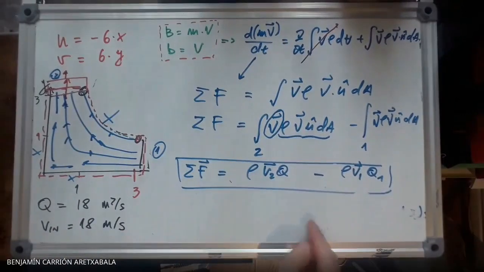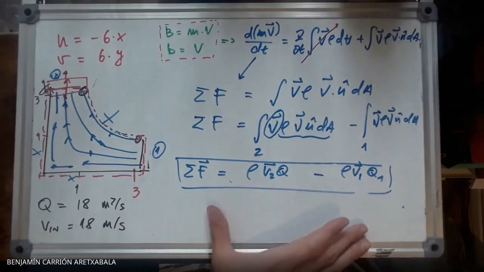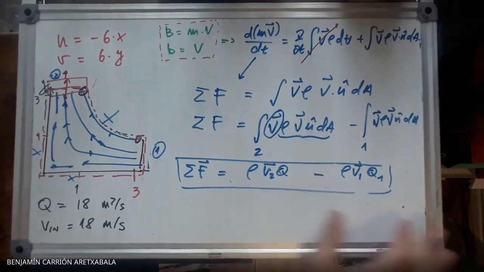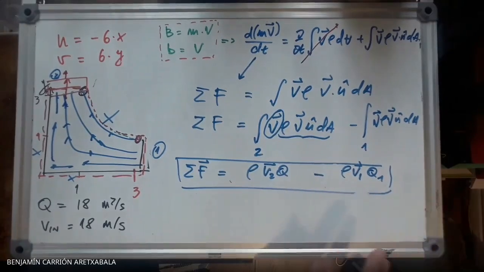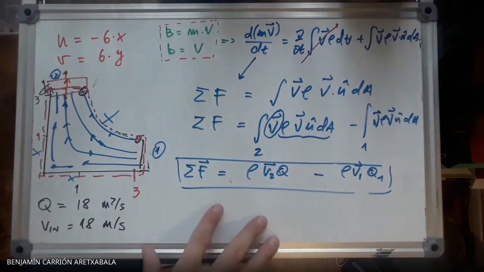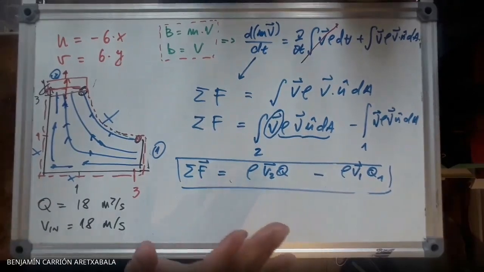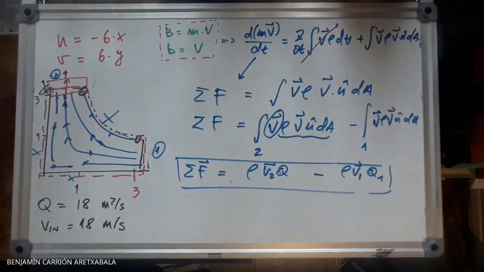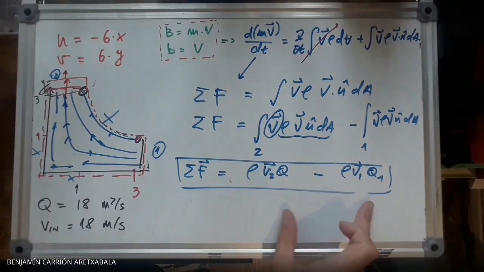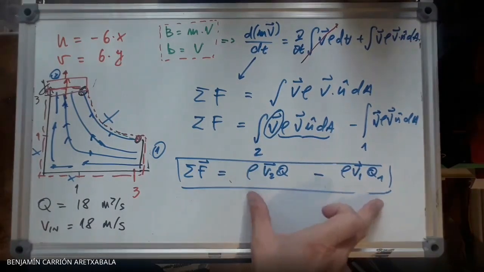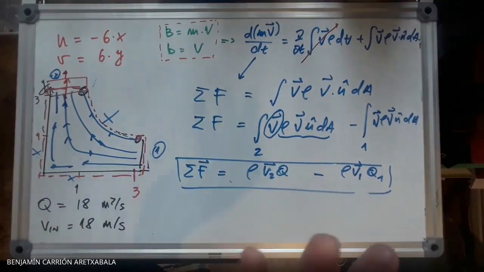Now, is this equation clear to you? So basically, what the Reynolds transport theorem for momentum is saying is that the force that the flow is exerting is just related to the momentum entering and going out of the control volume.